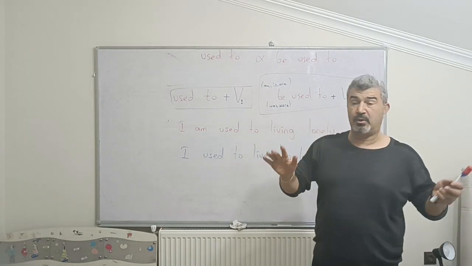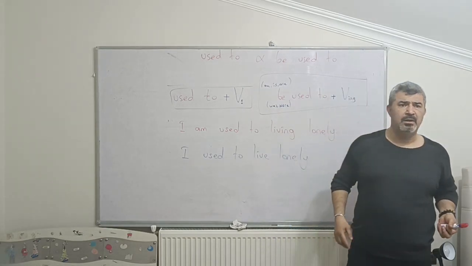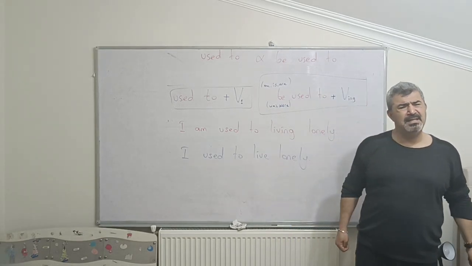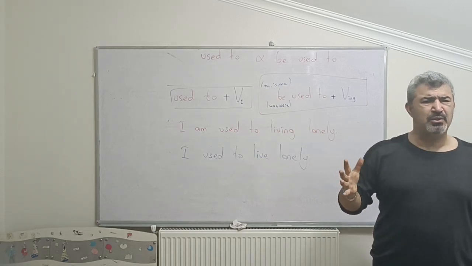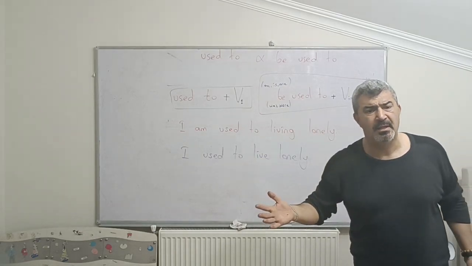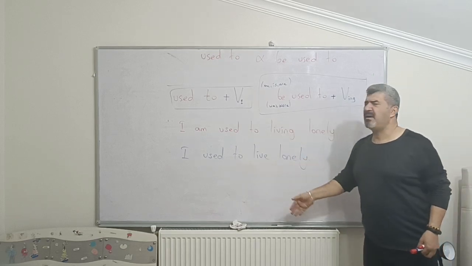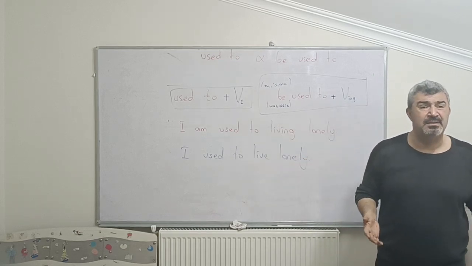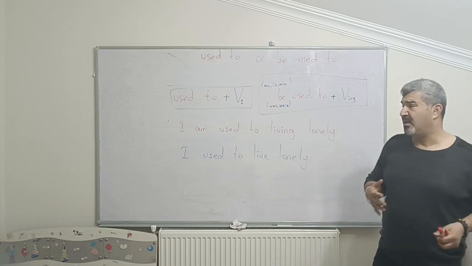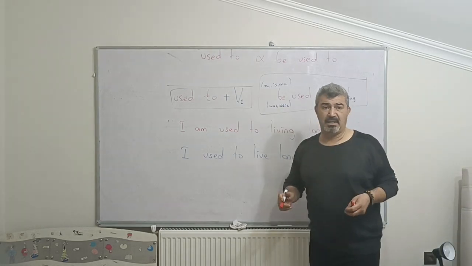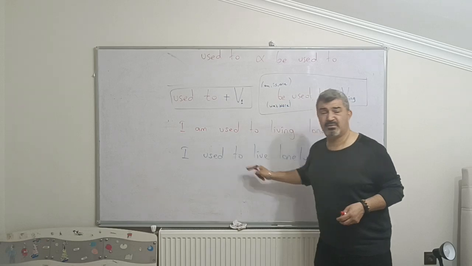Now I don't smoke. But when you say, hey, isn't smoking harmful for you? It makes your health worse. You say, no, I am used to smoking, meaning I am accustomed to smoking. So "be accustomed to" is different from "used to".